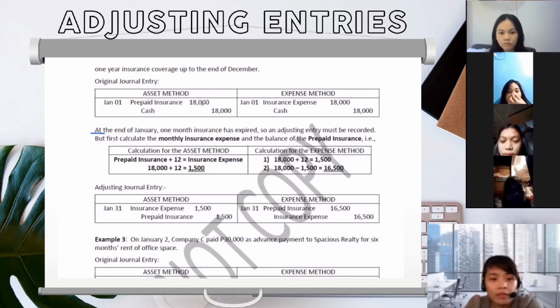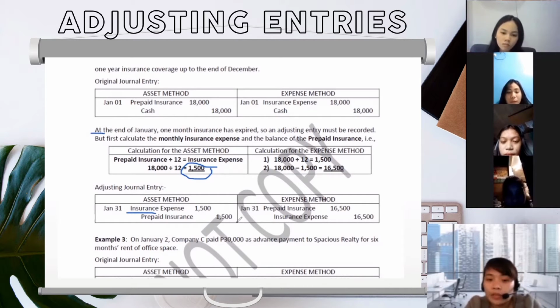Ayan, so 18,000 yan for a year, kaya prepaid insurance divided by 12. So, magkano siya per month na binabayaran mo? 1.5 po. 1.5. Okay, kaya lang, o yan, sabi dyan, 1 month pa lang daw ang nag-expired, right? So, therefore, insurance expense, 1,500.